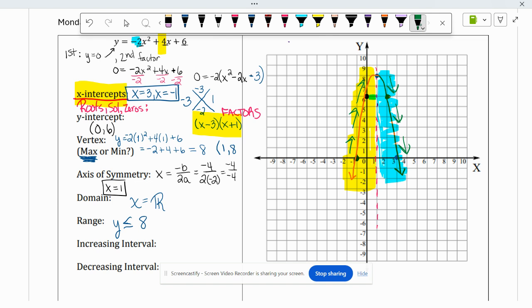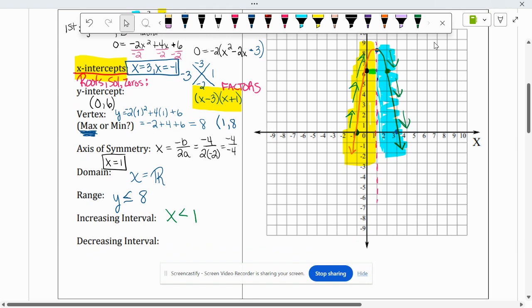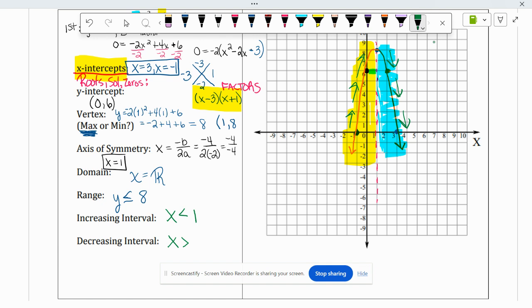All of the numbers that come before the x-coordinate of the vertex, so all the numbers less than 1. It's decreasing after the vertex, so it decreases when x is greater than 1.